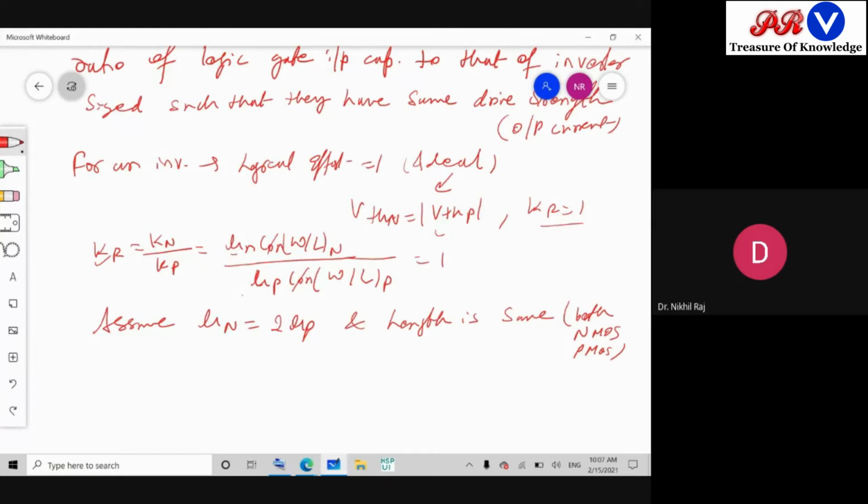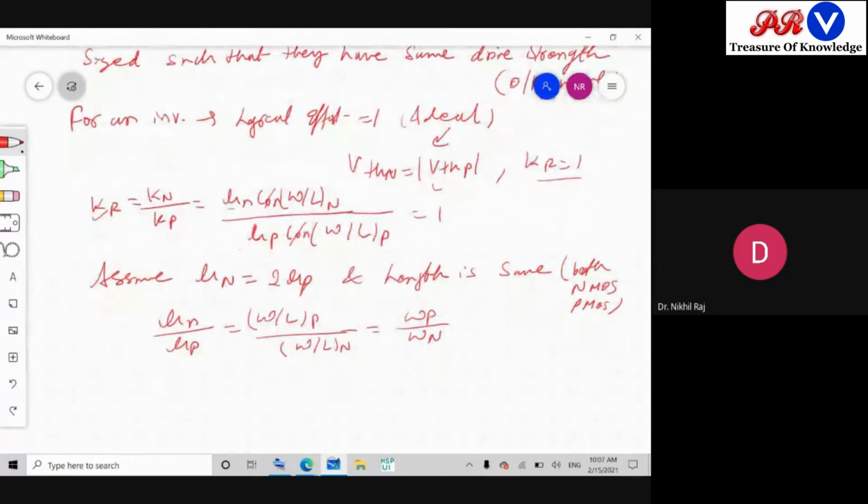we get the relation that mu n by mu p is equal to W by L of P by W by L of N. Since L is the same, I can write WP by WN, and then we can substitute the mu n and mu p relation.